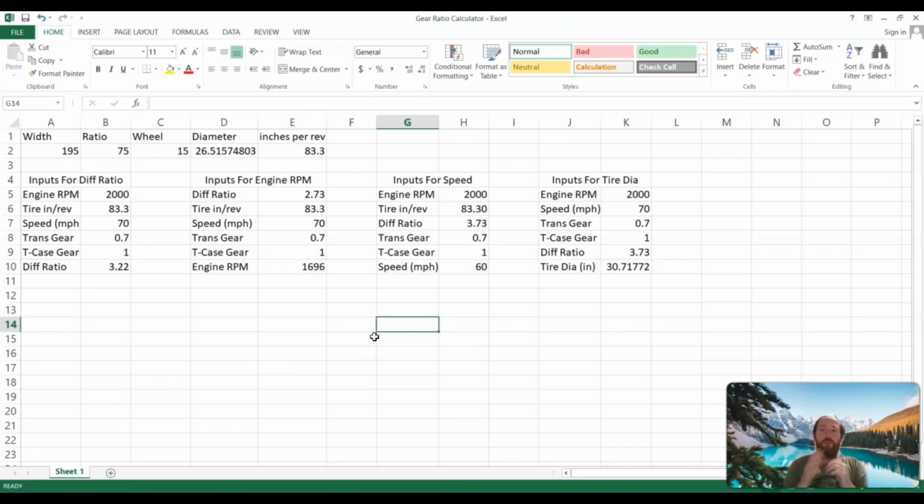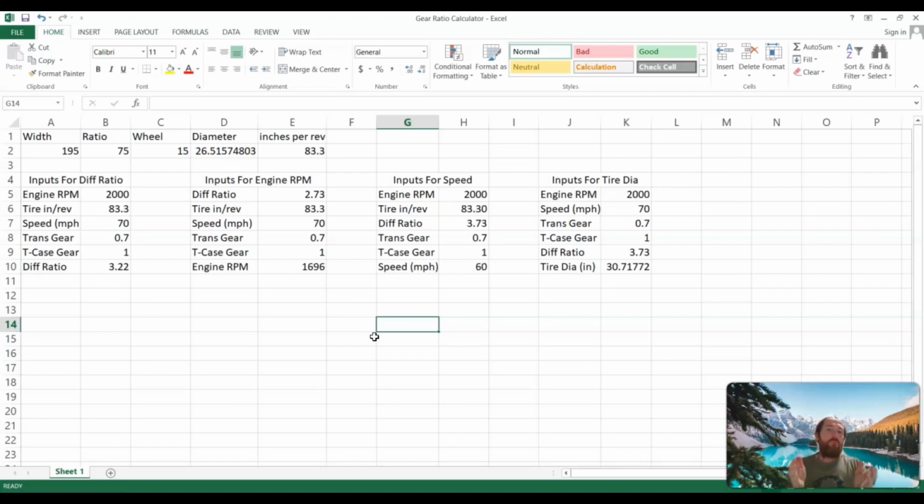If you want to know, hey, I'm going to go to a bigger tire, what's it going to do to my engine RPM? Is it going to make my truck feel differently? Or hey, you take your truck into the dyno, and you look at your power curve on the dyno. Hey, if I'm towing, this is my peak torque range right in here.